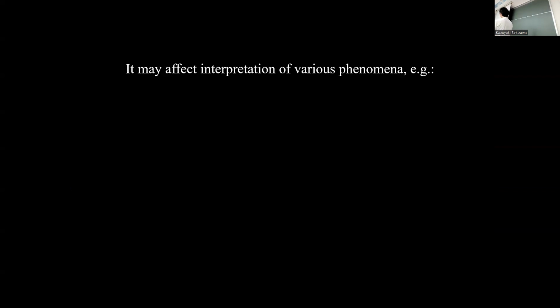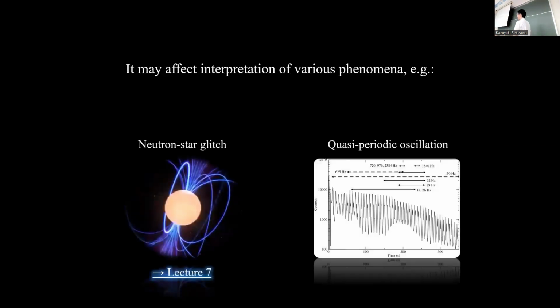So this kind of discussion is related to various phenomena of the neutron star. One is the neutron star glitch, pulsar glitch, which I will introduce in the next lecture. And the other one is the so-called quasi-periodic oscillation, QPO. So what is this? This is actually the oscillation of a neutron star.